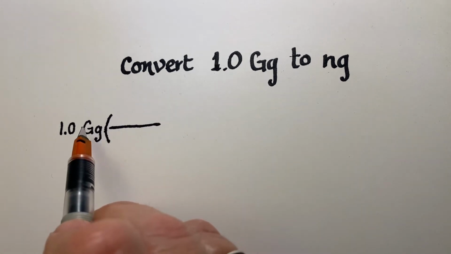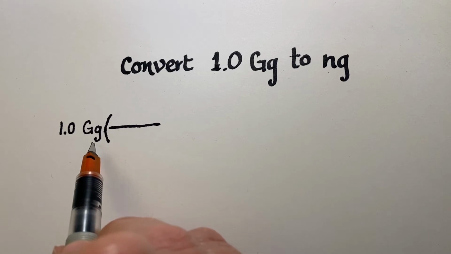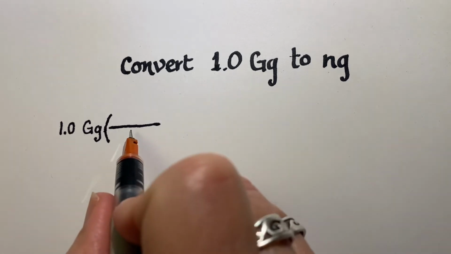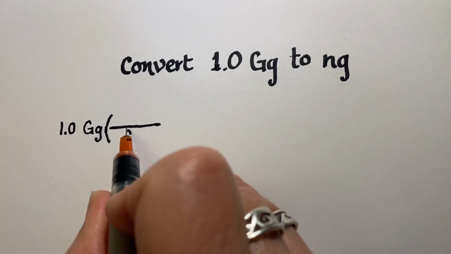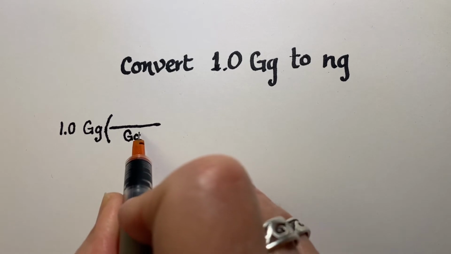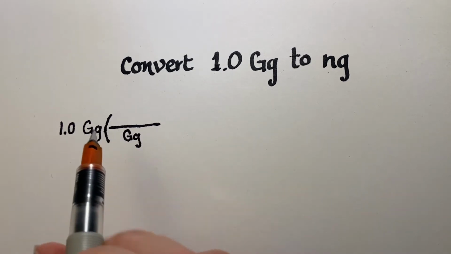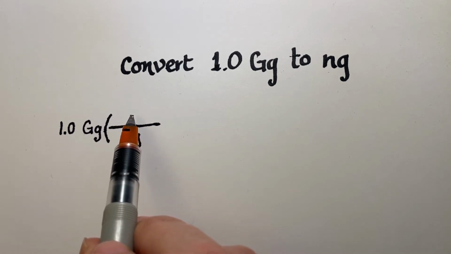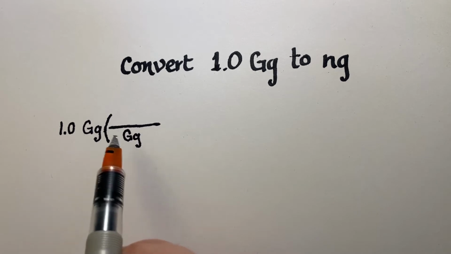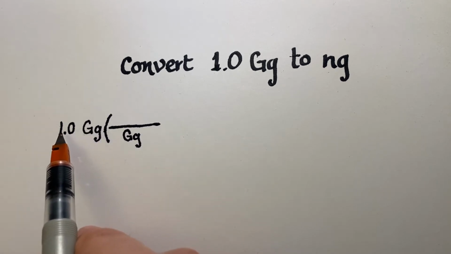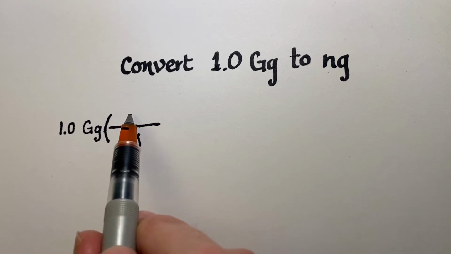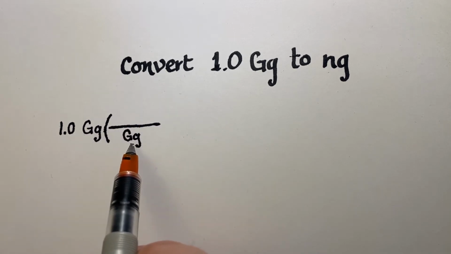And since gigagrams is our starting unit, and we want to convert away from that unit, then I know that I want gigagrams to be in the denominator. In any kind of ratio like this, here's the numerator, here's the denominator. And anything that's written like this is implied to be in the numerator. It would get multiplied by whatever's up here and divided by whatever's down here.